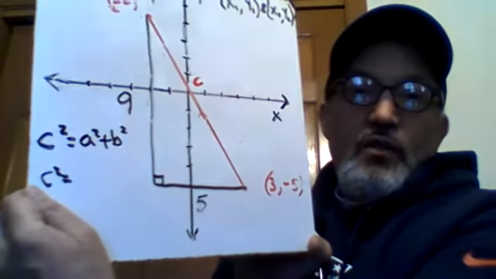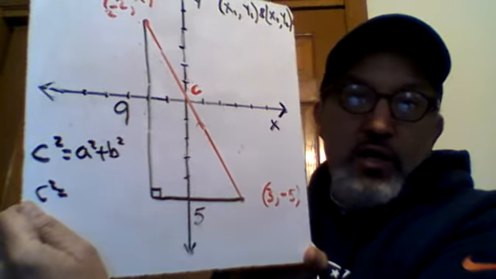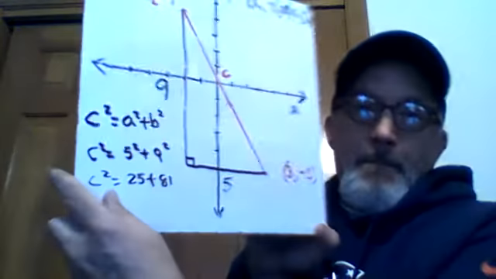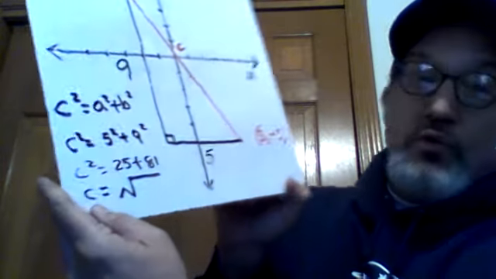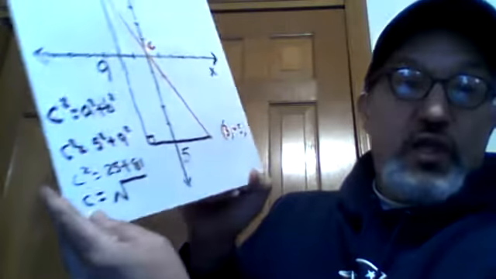So C squared equals, we'll call the 5 A and the 9 B. It doesn't matter which is which. C squared equals 5 squared plus 9 squared. C squared equals 25 plus 81. All right. C squared is 106. So C is the square root of 106.